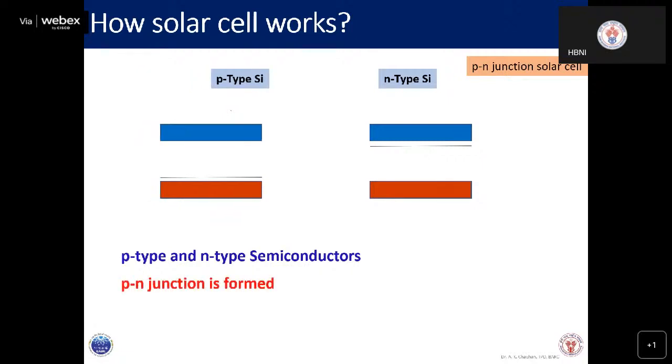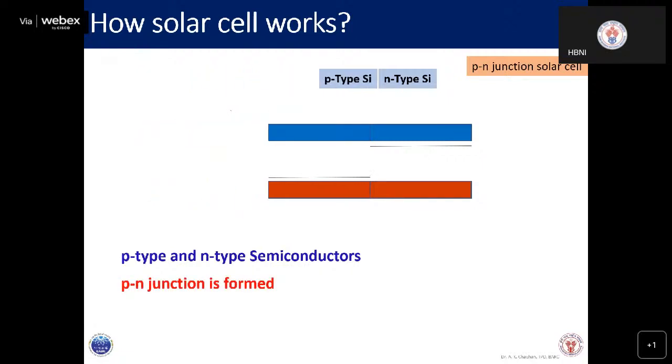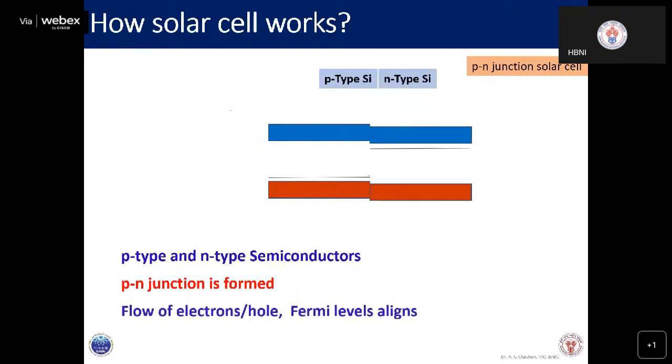Now, when we fuse them together, what happens? See, the Fermi levels are now at different positions. There is an abrupt change, which cannot be a true picture. Ideally, when you fuse these things, the Fermi level must align.